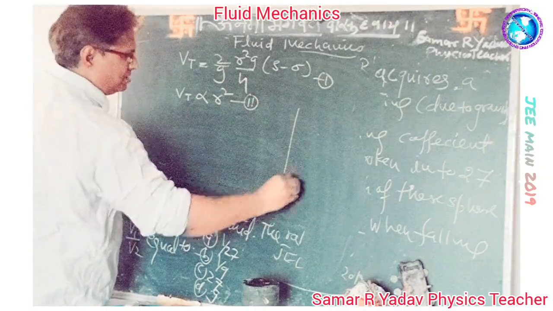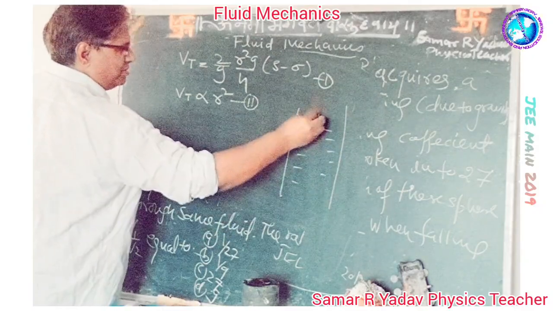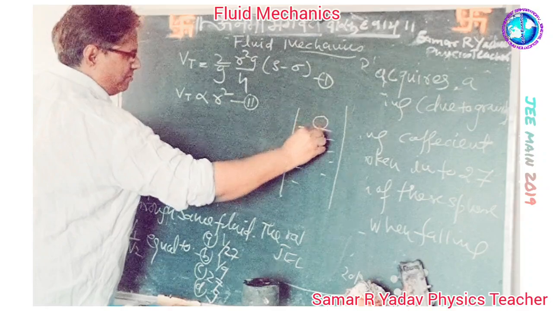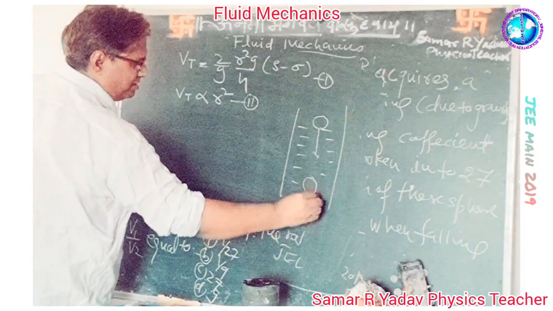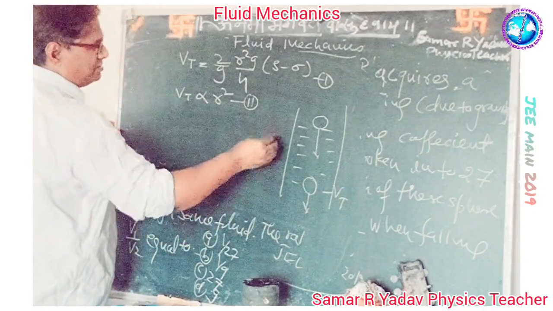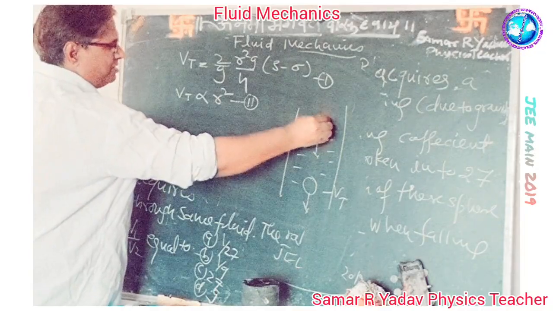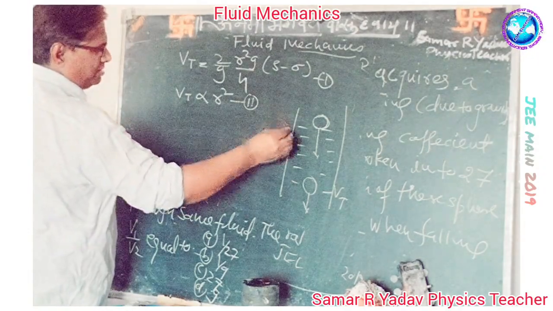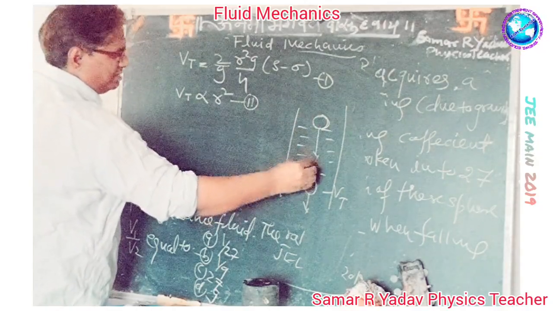Now you can see, suppose this is the fluid and a metal sphere is freely falling under gravity, and suppose it acquires the terminal velocity Vt. Now the same case, same material and same ball, is divided into 27 parts of the same sphere of density rho, and these 27 spheres have a terminal velocity.